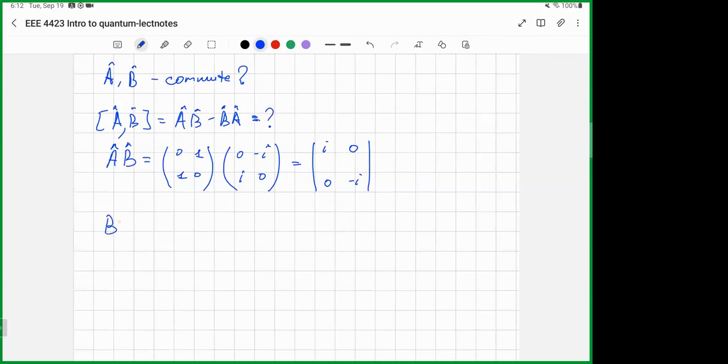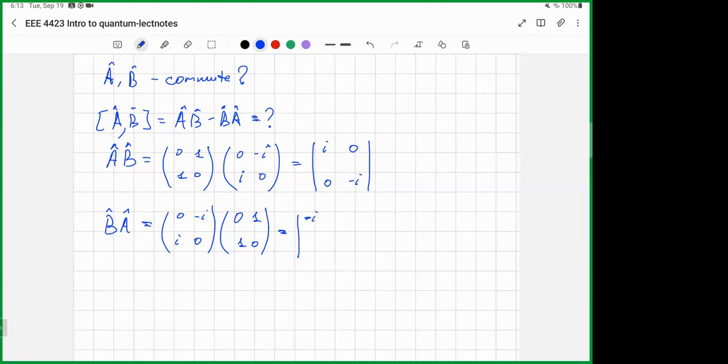So now, let's take B times A. It's going to be 0, minus I, I, 0, and the second is 0, 1, 1, 0. Okay. So here the result, row by column, is minus I here.